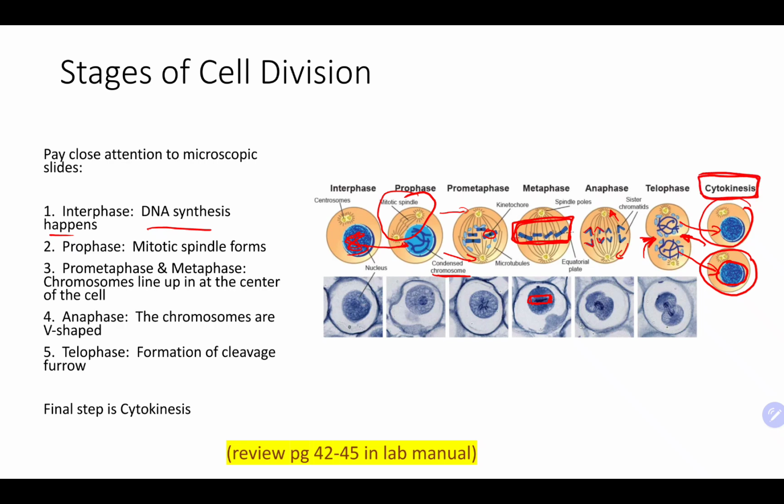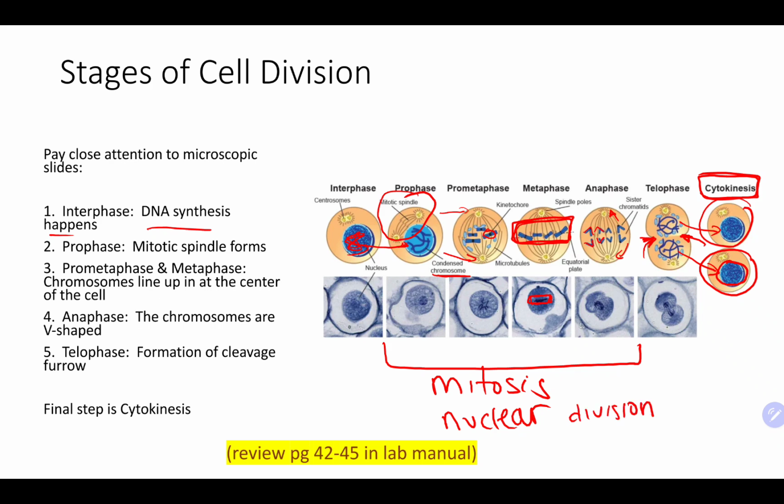If we look here, this phase is mitosis. This is what we identify as nuclear division, because we're dividing the nucleus. What's in the nucleus? The chromosomes. So we're literally pulling them apart, as you can see right here.